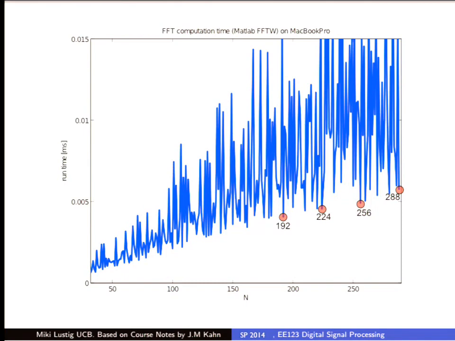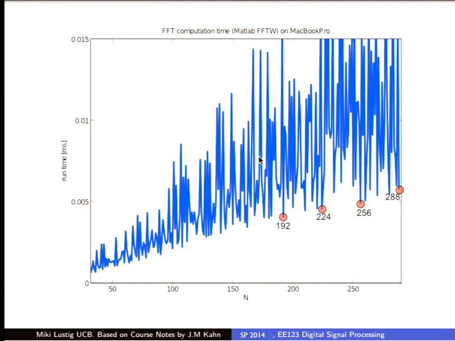You see there's a nice trend of n log n increase, and there are really bad numbers, often corresponding to prime numbers that cannot be decomposed very well.